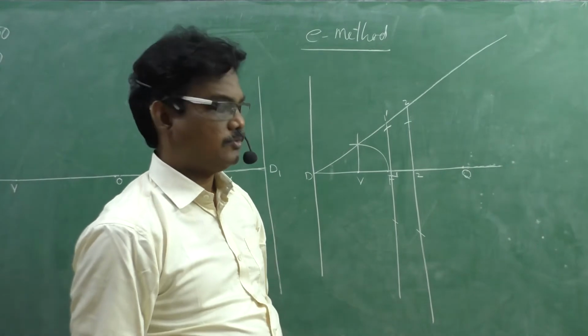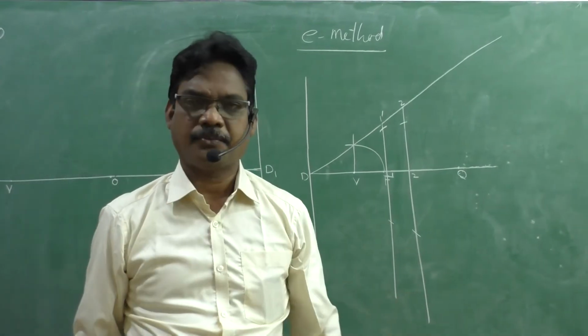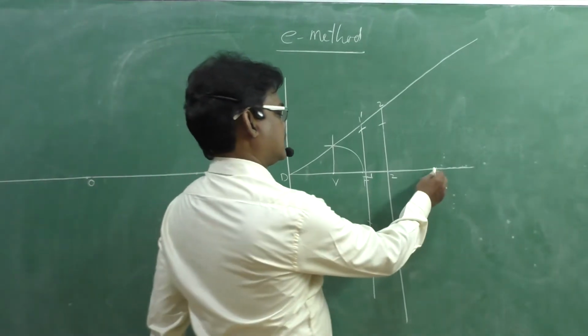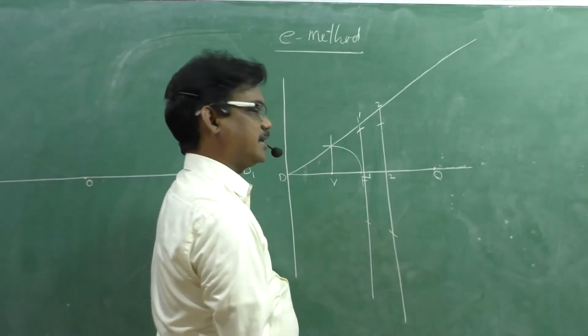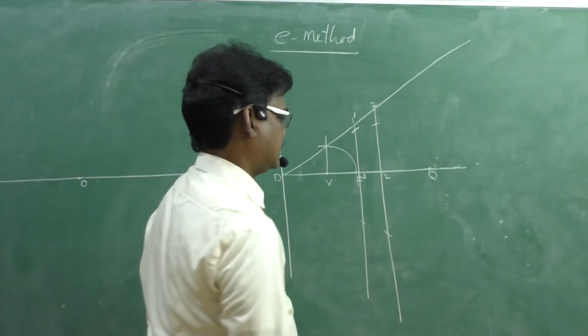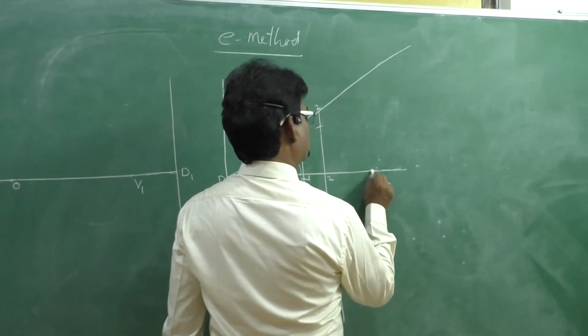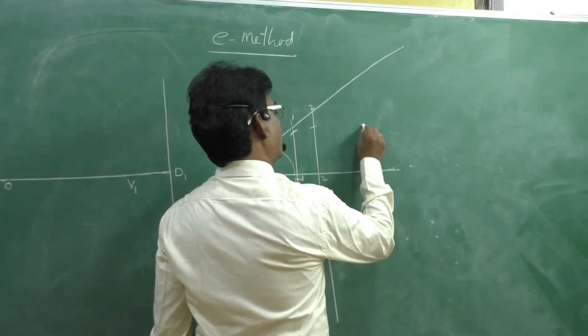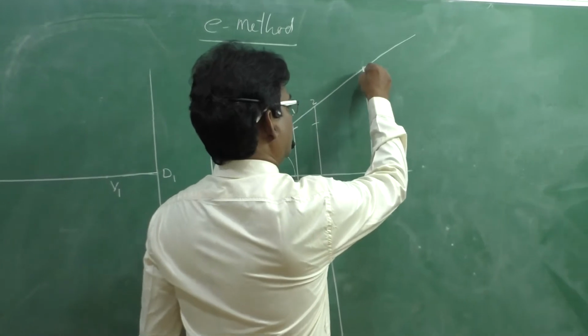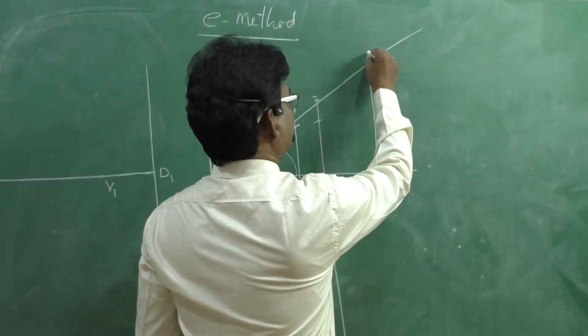Now, we concentrate our idea on the minor axis. Suppose this is the center point or intersecting point of the major axis and minor axis, right? Now consider a vertical line here. Let it be C.